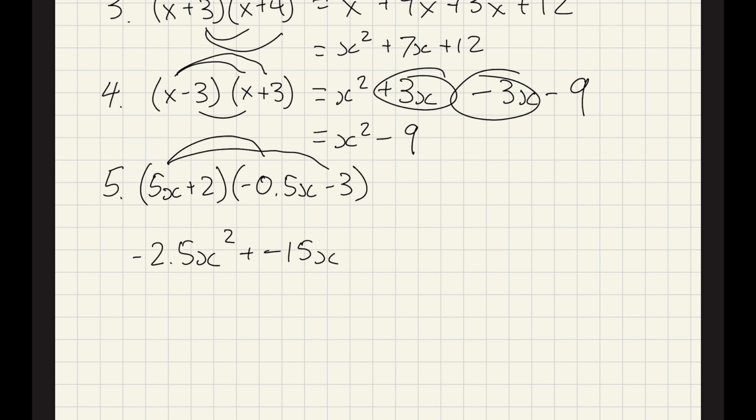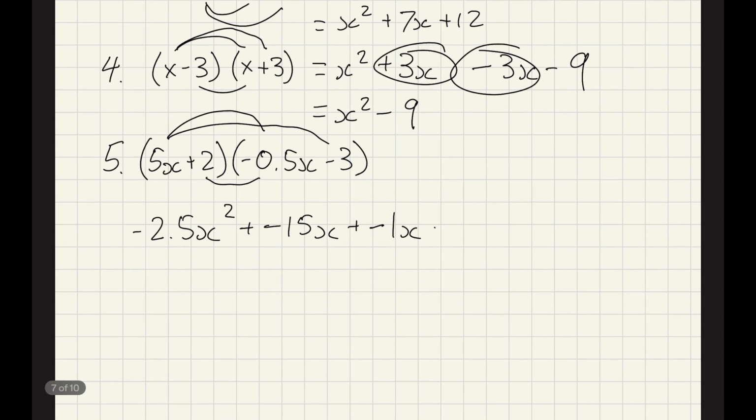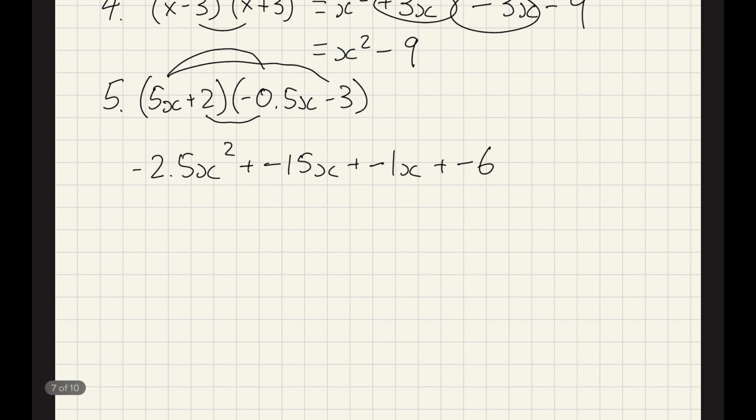Then we're going to take the next term, 2 times negative 0.5, so that's going to be plus negative 1x. And then we're going to take the last term, plus negative 6. So now we get negative 2.5x squared minus 16x minus 6. And there's our final answer.